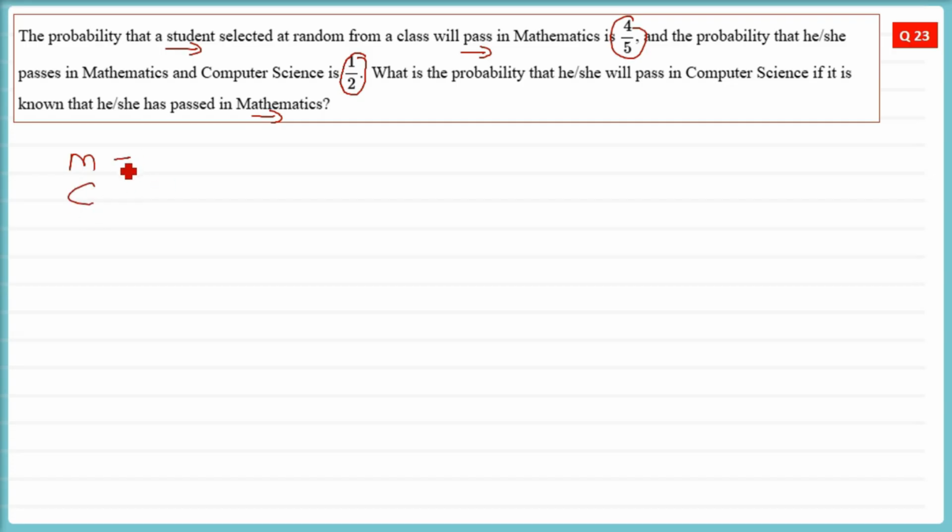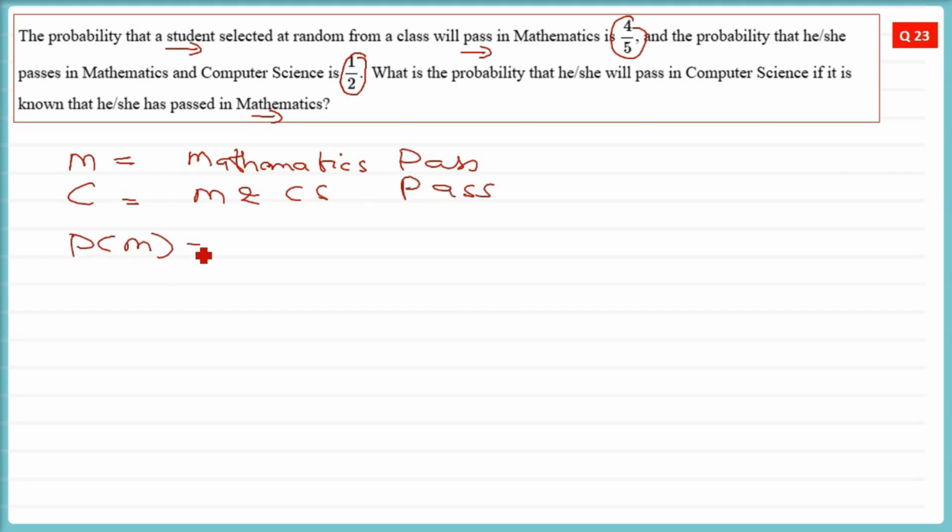So let's call it M and C. M for mathematics and C for computer science. So M is passing in mathematics. The probability of maths is 4 by 5, given. Probability of math intersection computer science is half.